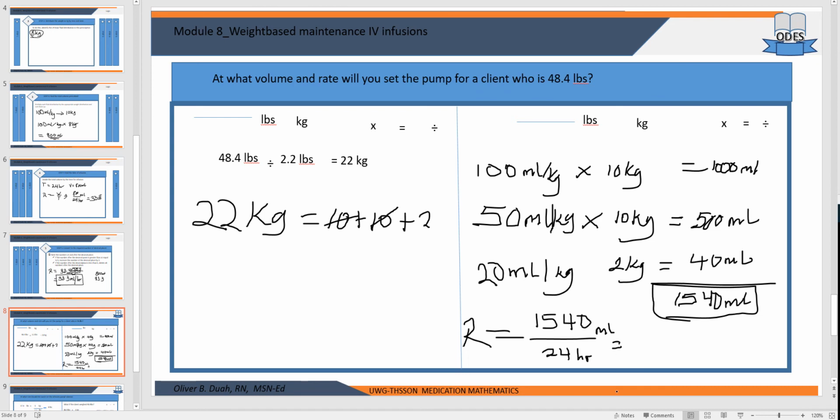Let's do that on our calculator and see what we will get. So we end up with 64.1666 7.